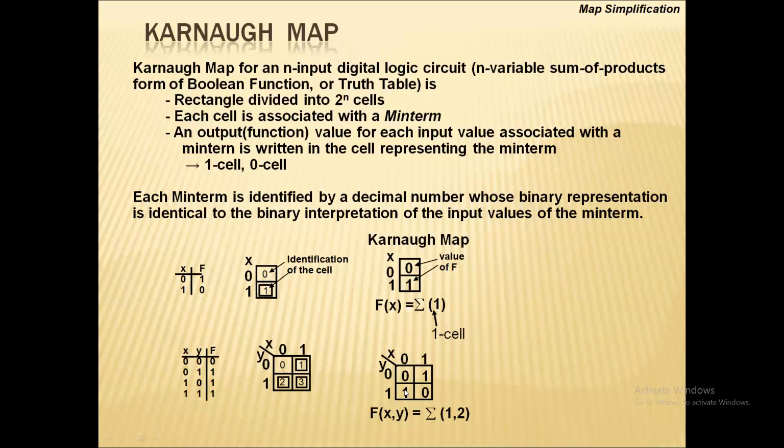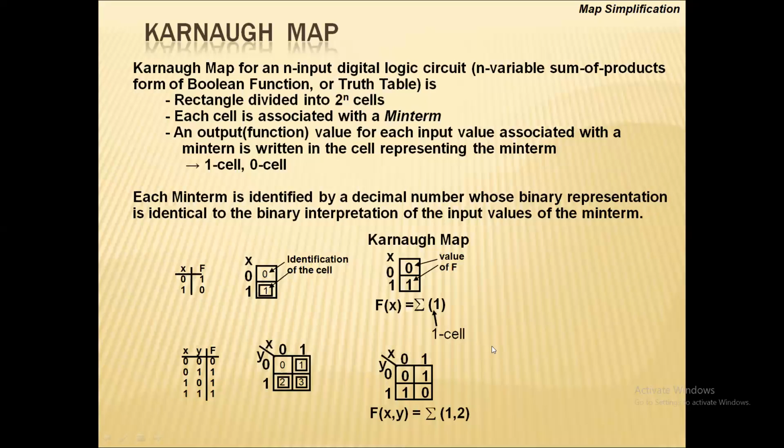So wherever there is a valid expression for a function, as you can see here, 0 1 is 1, 1 0 is 1, 1 1 is 1.